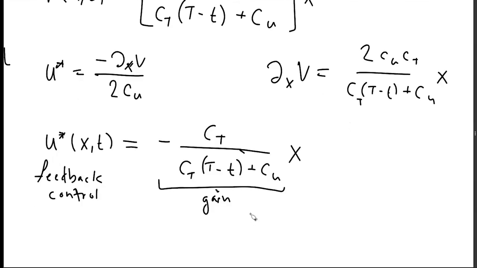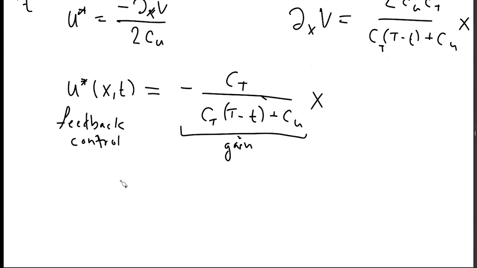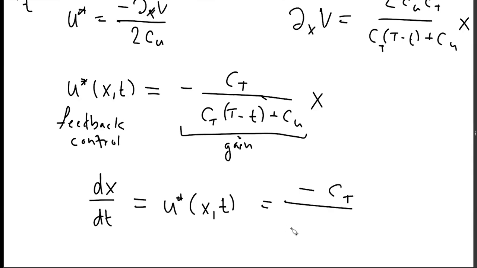Now I want to use this control to figure out what our state space trajectory is actually going to be. So we have that dx/dt is equal to u*(x,t), which is going to be equal to negative c_T over (T - t) plus c_u times x. And we can use separation of variables to solve this ODE.